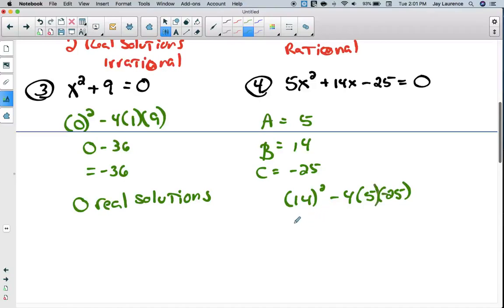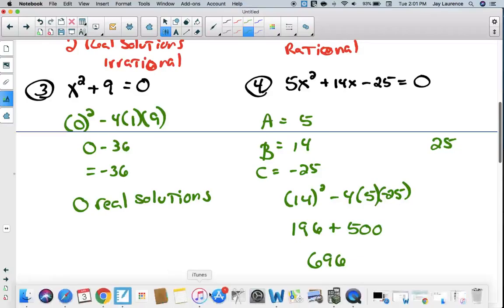All right, and so I'm going to get 196 plus, and let's see, 20 times 25, 500, right? 25 times 2 would be 50, so 20 would be 500. And so if I add those together, I'm going to get 696.